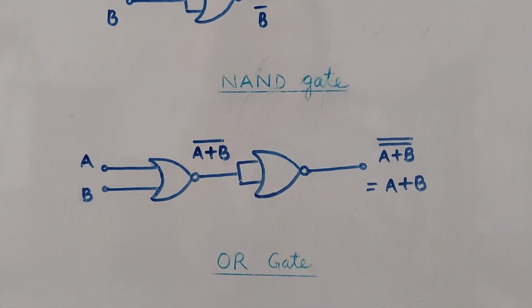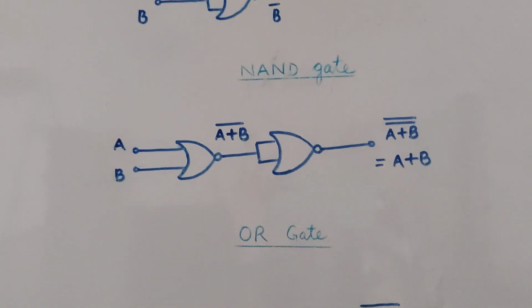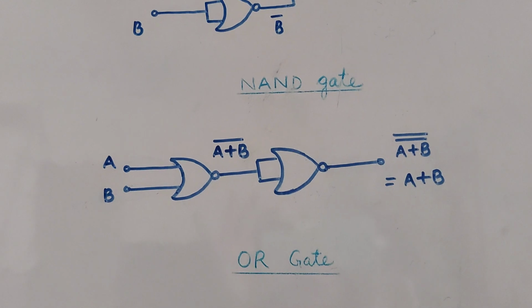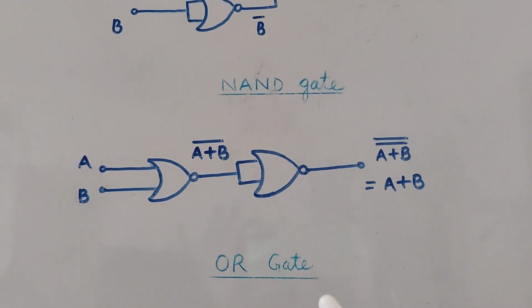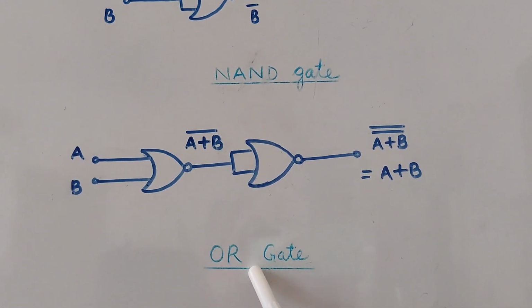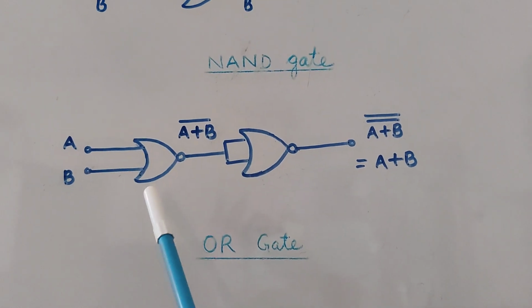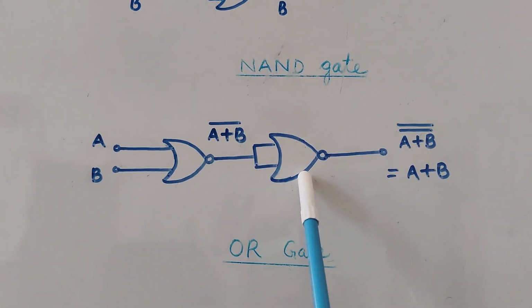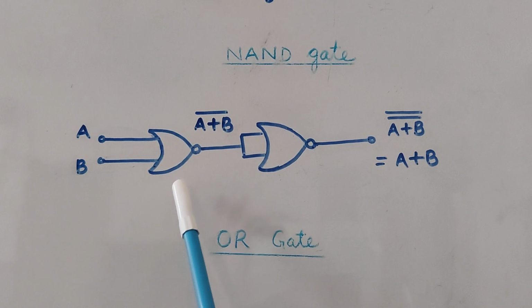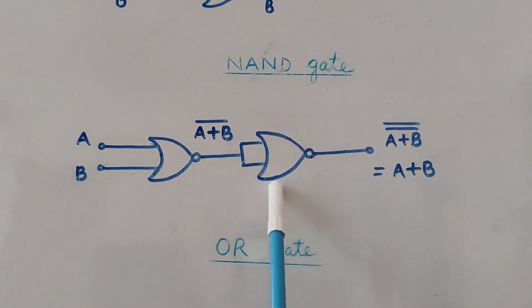So the next gate which we are constructing by using NOR gate is the OR gate. If we want to construct an OR gate with the help of NOR gates, then we will need a minimum of 2 NOR gates, and we will connect it in this way.